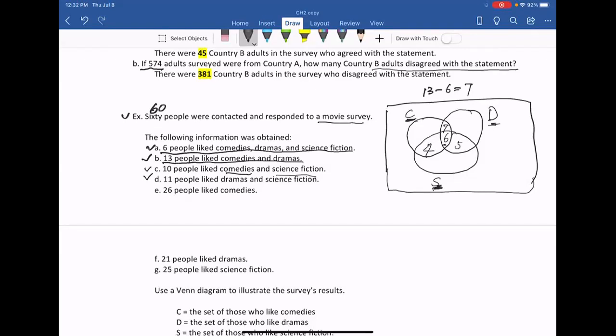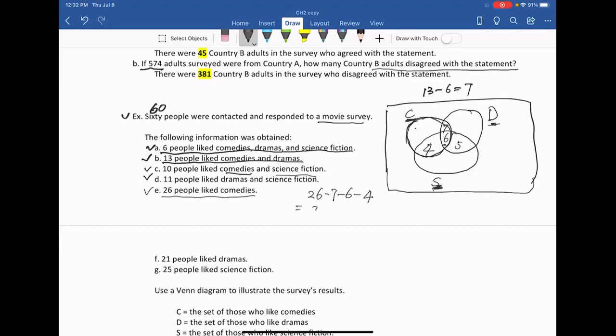So let's see the next information. Number E, 26 people like the comedy. That means this area has 26 people. So here I need to use 26 minus 7 minus 6 minus 4.